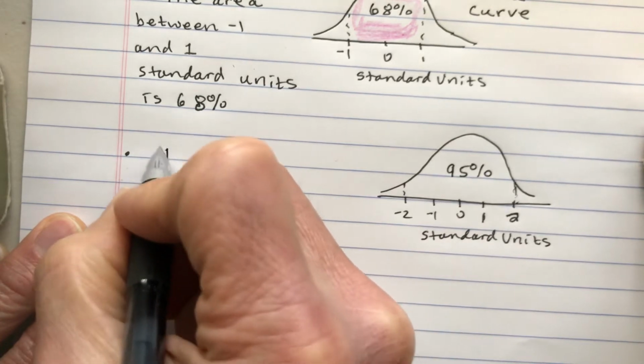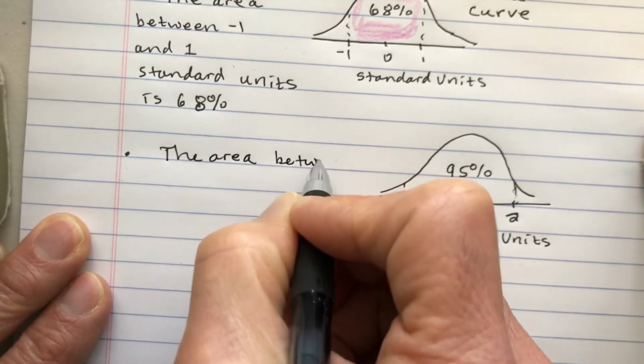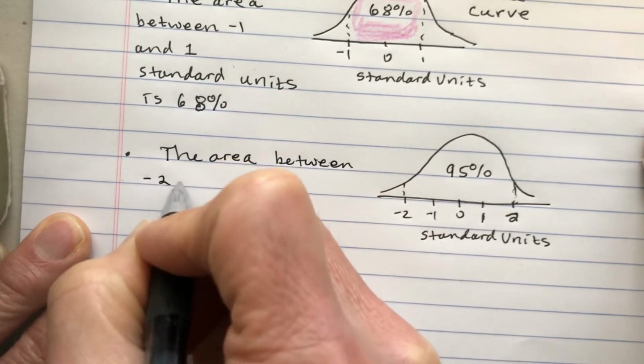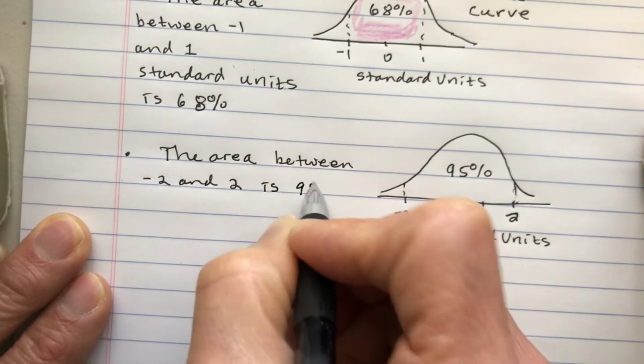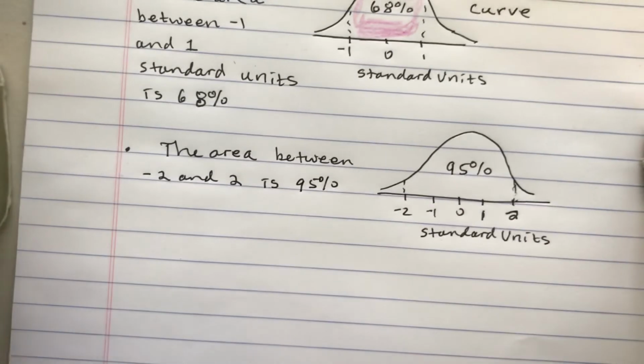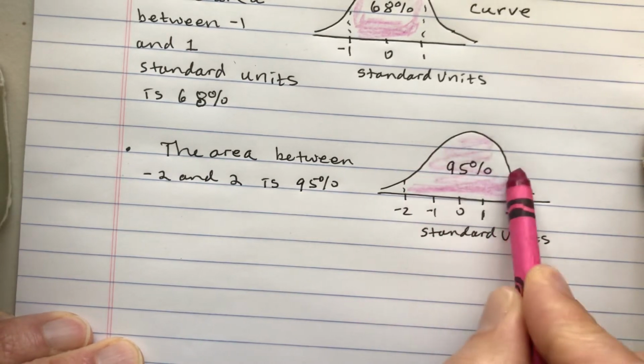So the area between -2 and 2 is 95%. This time I left off standard units, but we're talking about standard units.